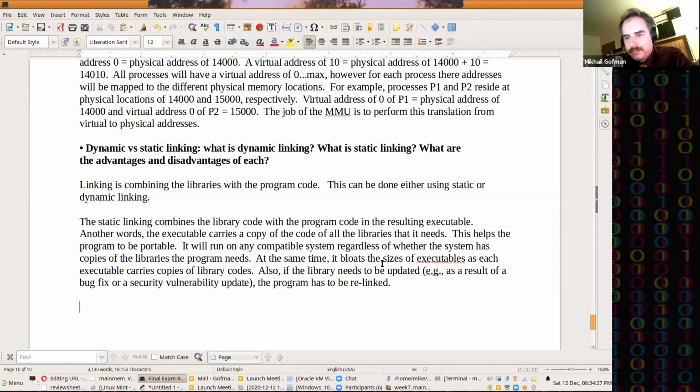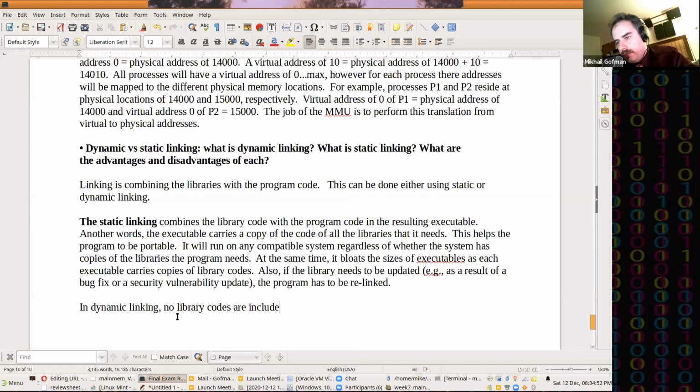Now, in dynamic linking, no library codes are included in the executable.